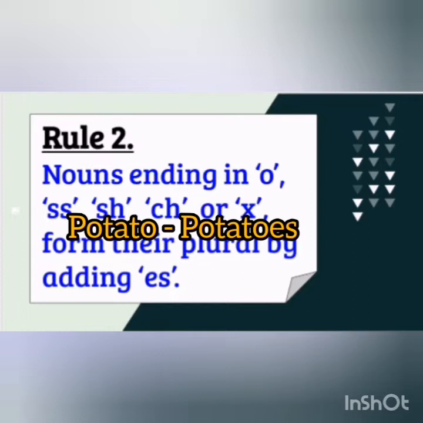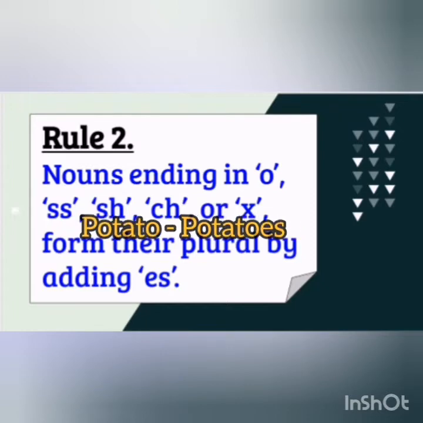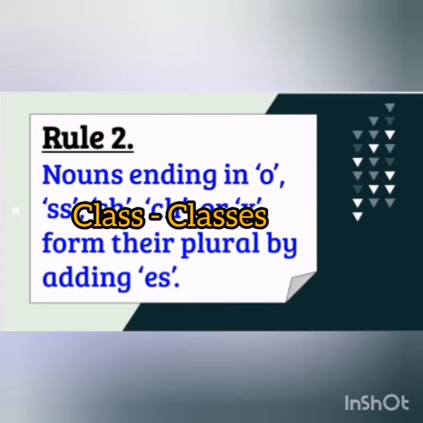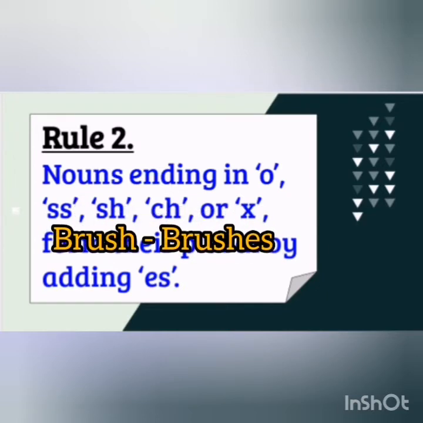So if any word ends with o, ss, sh, ch or x, we add es at the end. So potato will be potatoes, mango will be mangoes, class will be classes, brush will be brushes.